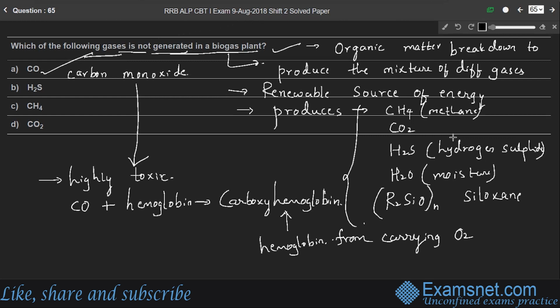Therefore, there will be a shortage of oxygen in different parts of the body, which causes suffocation and ultimately death. Therefore, carbon monoxide is not generated in biogas plant. Option A is the right answer.